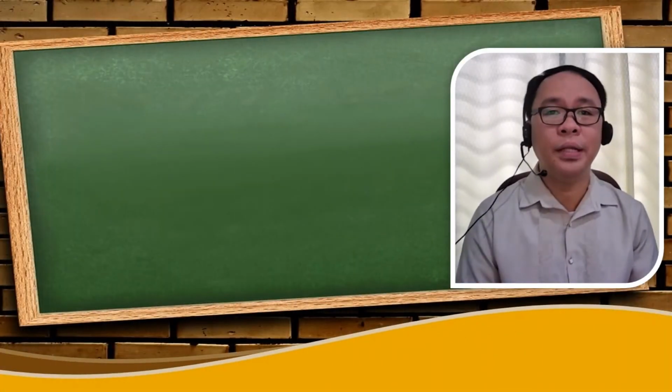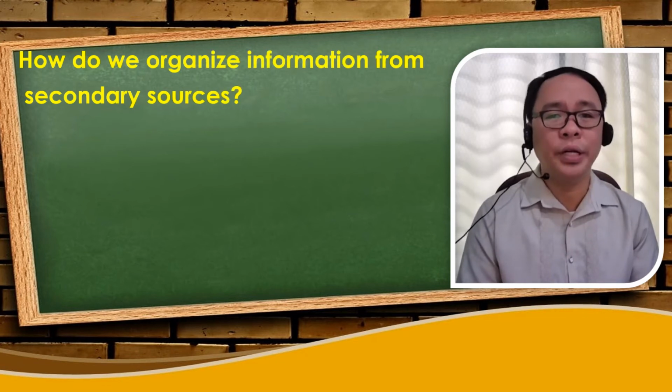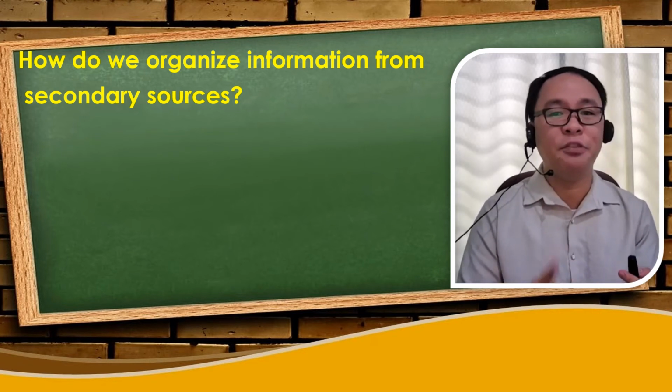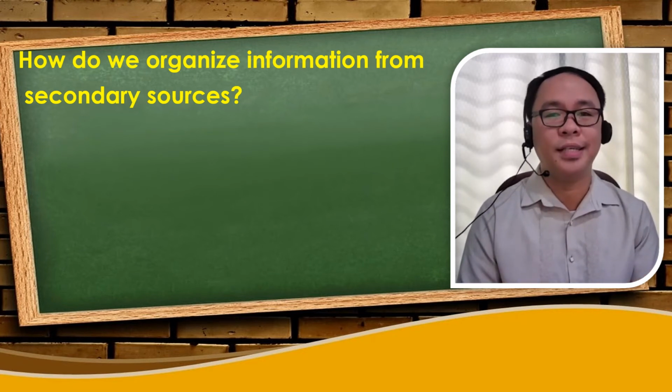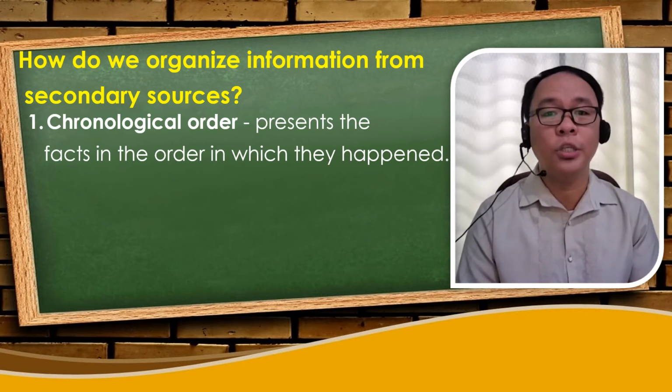So after reading the different secondary sources, I guess you already have the information that you're looking for. And how do we organize the information from secondary sources? Here are the different tips on how you're going to organize the information from secondary sources. First, you have to present the facts in chronological order.